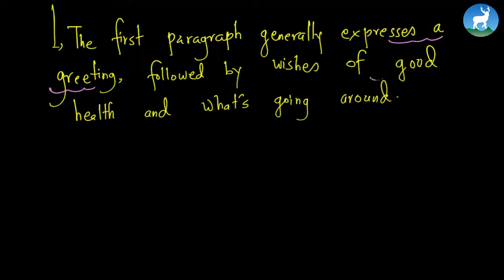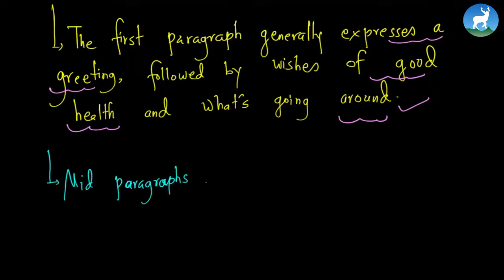Followed by wishes of good health. I hope you are doing fine. And what's going around? What's up with your new motorbike? What did you do with the new smartphone you got from America? You can begin like that, right? And now mid paragraphs. Mid paragraphs contain the main message.